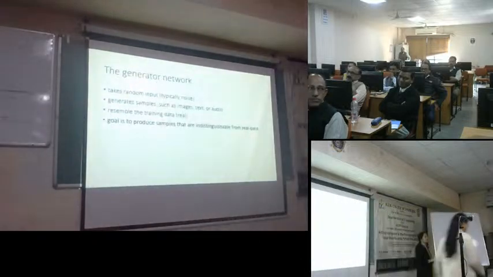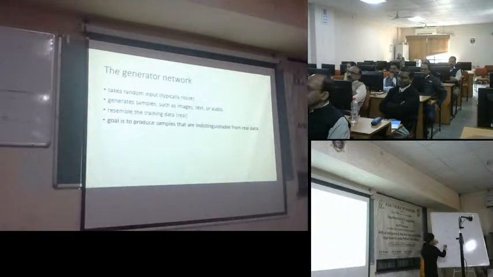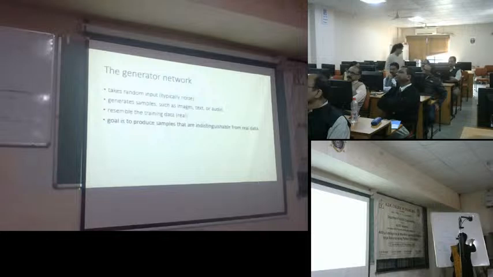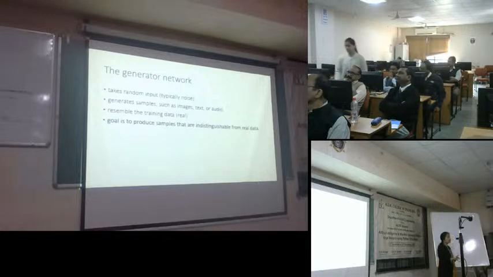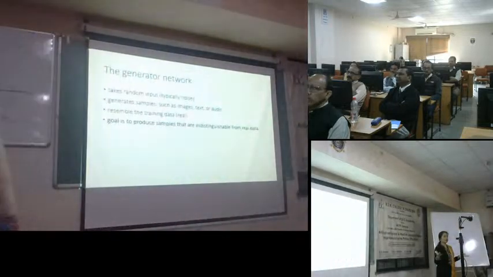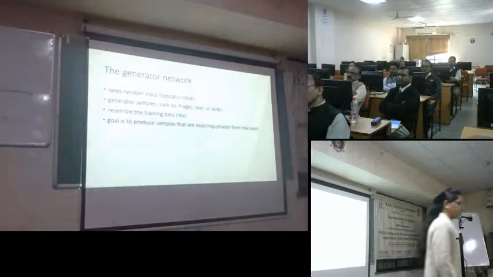It means what is the aim of the generative network? The generative network's aim is to produce some fake data in such a way that my discriminator is confused about which one is the real and which one is the fake. Like we were confused in our first slide about which one is the fake and which one is the real.